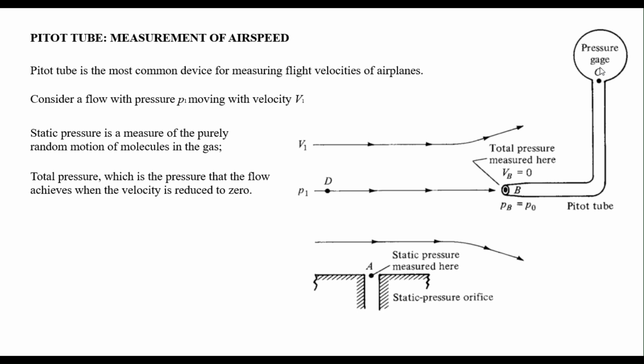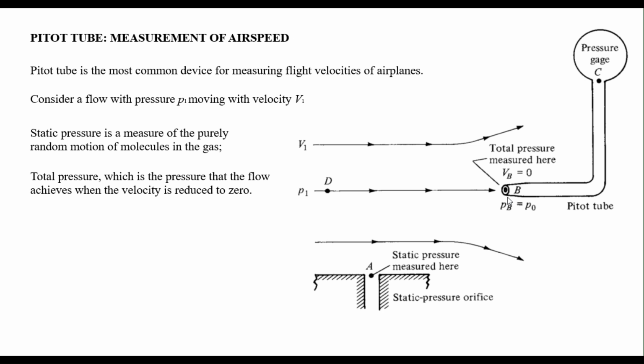When the pitot tube is in the flow, gas will rush into the open end and fill the tube, and the gas inside the tube will stagnate. That is, the gas velocity inside the tube will go to zero, including at point P. This point is now called the stagnation point, and the pressure at this point is called the stagnation pressure or the total pressure P naught.